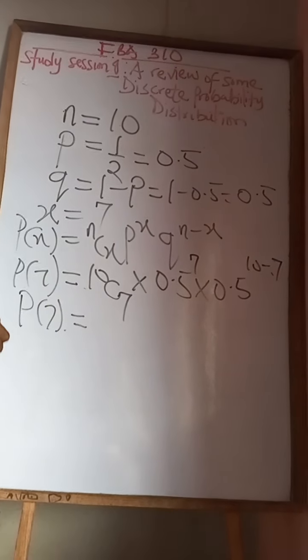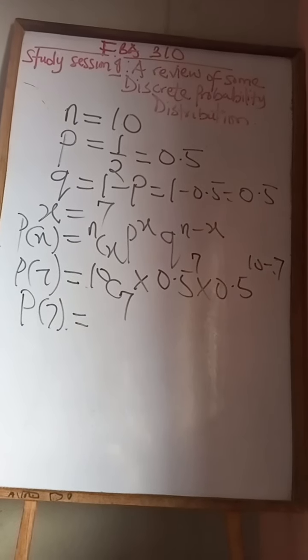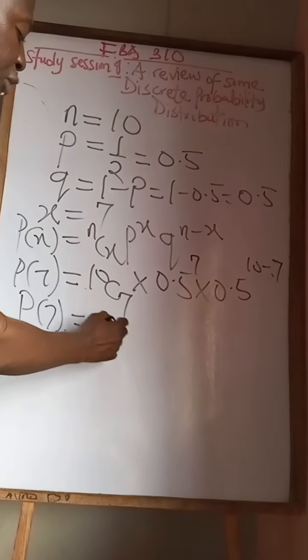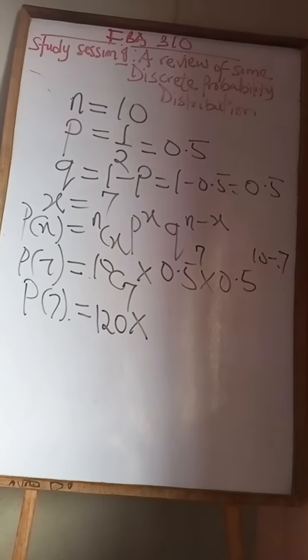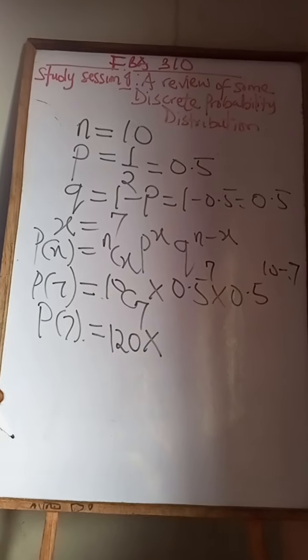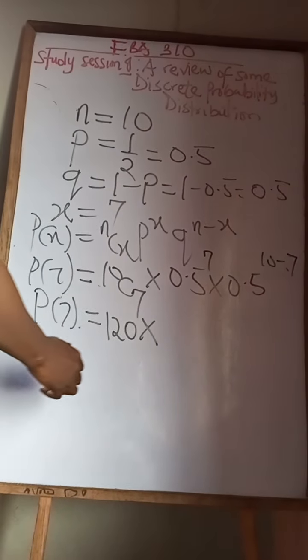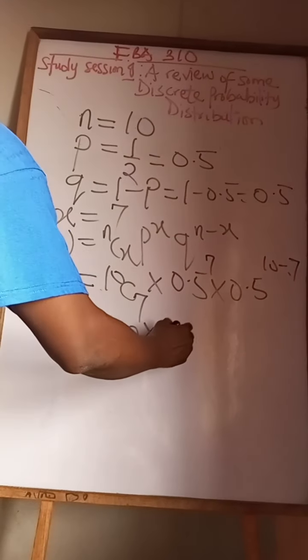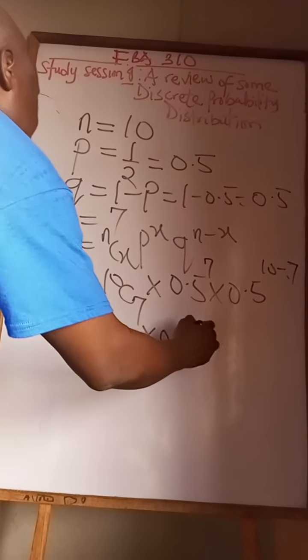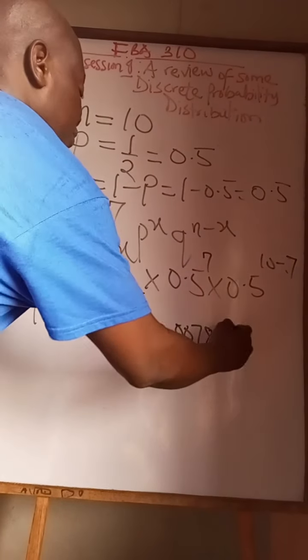So the probability of 7 now. If you know how to punch your calculator, when you punch 10 combination 7, you are going to have 120. You don't have to punch, see me, I will teach you how to punch it. 10 combination 7 gives us 120. And if I punch 0.5 raised to power 7, I'm going to have 0.0078125.